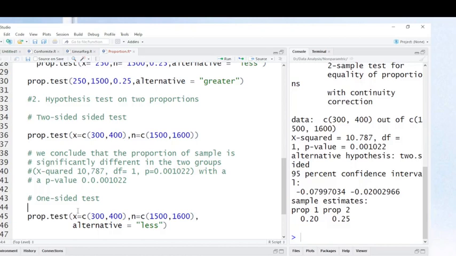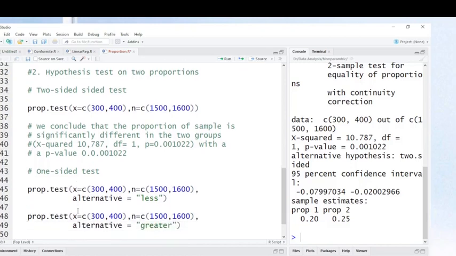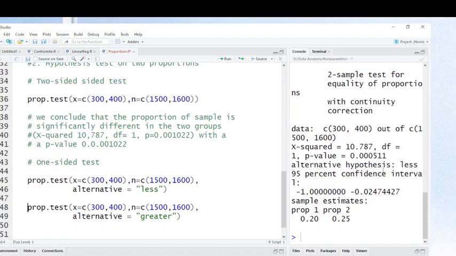Now, when we want to use one-sided tests, we indicate whether it is a greater alternative here, whether it is less or greater. Look, friends. As you see here, the p-value is less than 5%, and we conclude that this proportion is not less than this one.